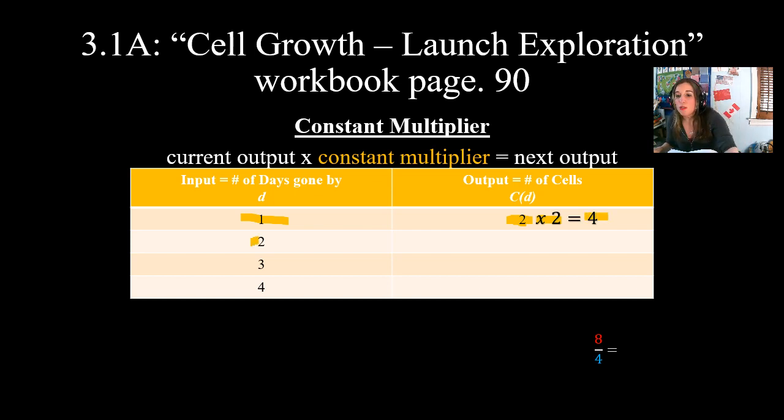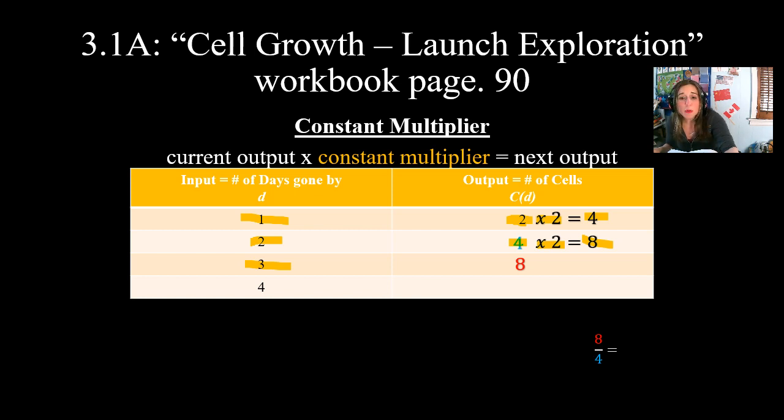So after 2 days, I've gone from 2 cells to 4 cells. What about my next output? After 3 days have gone by, how many cells will I have? Well, I take my 4 and multiply it by my constant multiplier of 2, and that gives me 8 cells. So after 3 days, I have 8 cells.